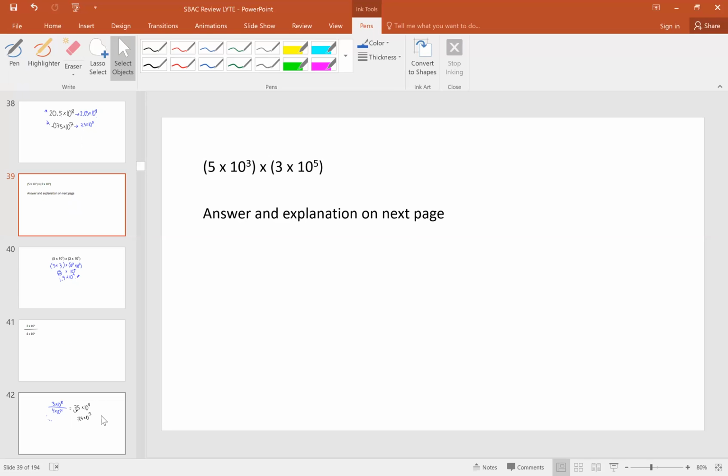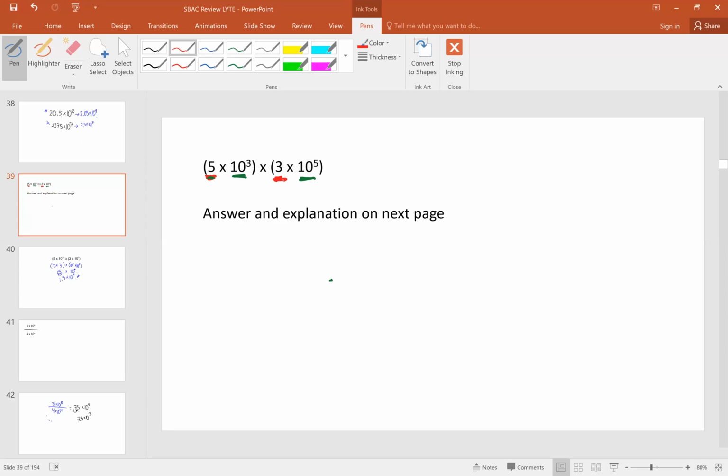So I know that the 10 to the 3rd and the 10 to the 5th, those are very similar. So I'm going to combine those, and the 5 and the 3 are similar. Let's do this in red. The 5 and the 3 are similar. So let's combine those.